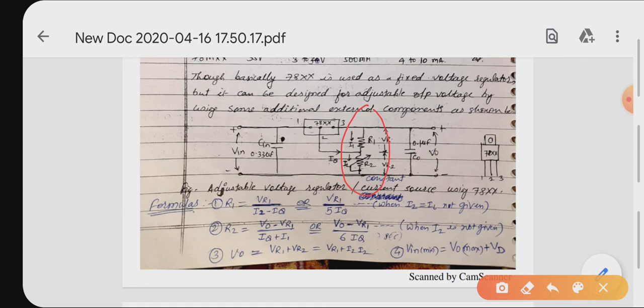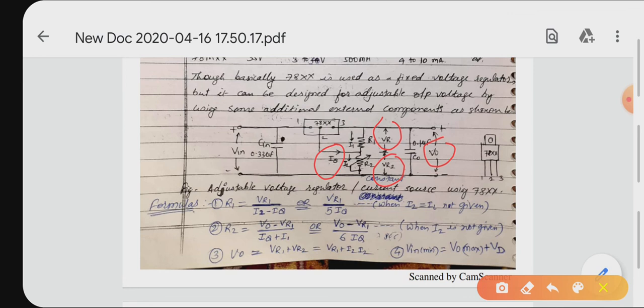VR1 is the voltage across R1, VR2 is the voltage across R2. So the total output voltage VO will be the addition of VR1 and VR2. I1 is the current flowing through R1, I2 is the current flowing through R2, and IQ is called the quiescent current, which is a very small negligible current flowing through the adjustable terminal, that means pin number 2 of IC 78XX.